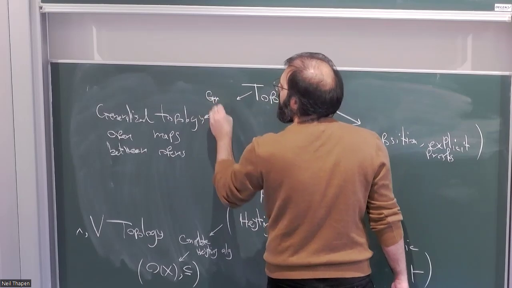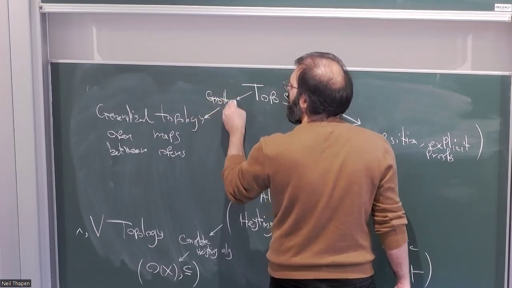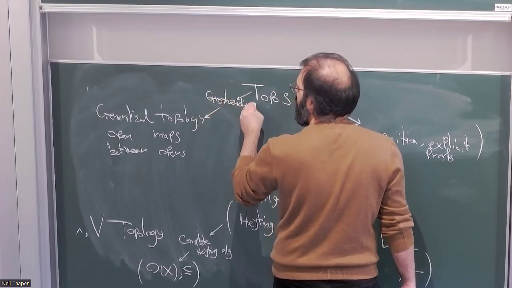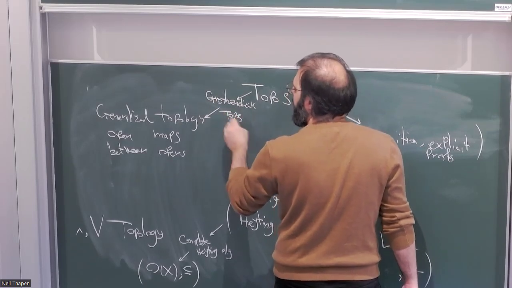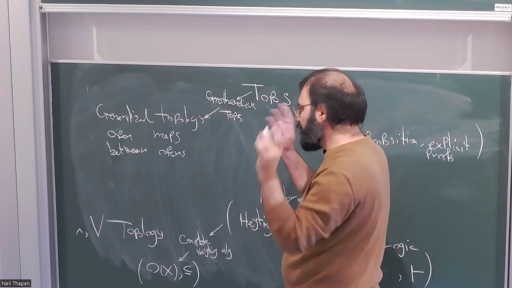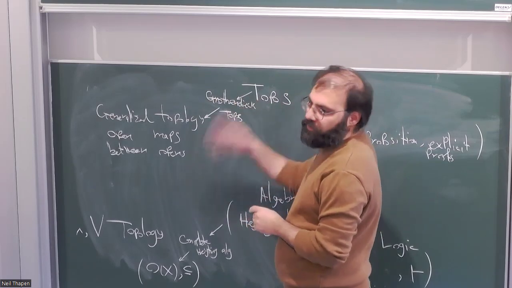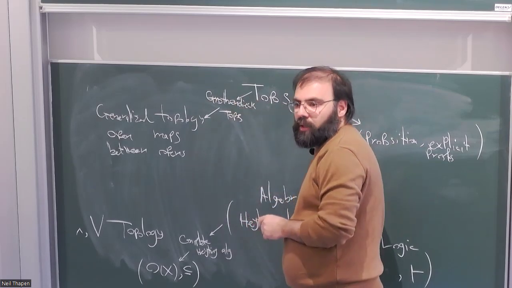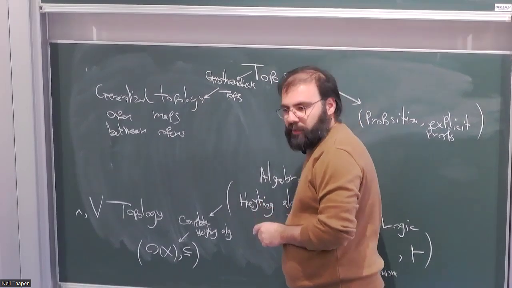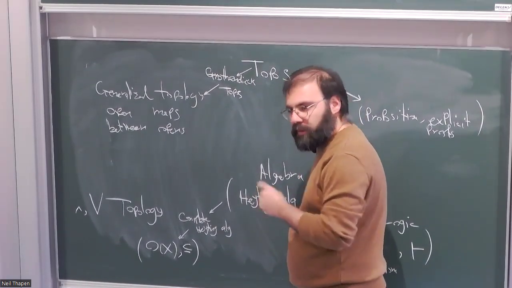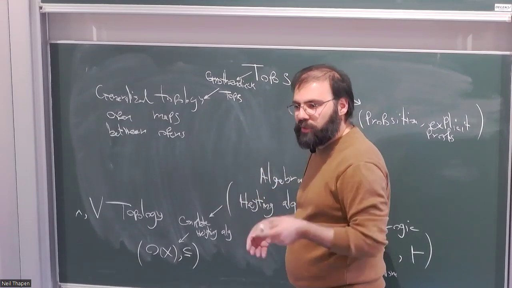It's called Grothendieck topos. I will explain what it is, but very roughly, it is just when you have all the limits also. All the limits or all the colimits. That's not really true, but this is the general idea.